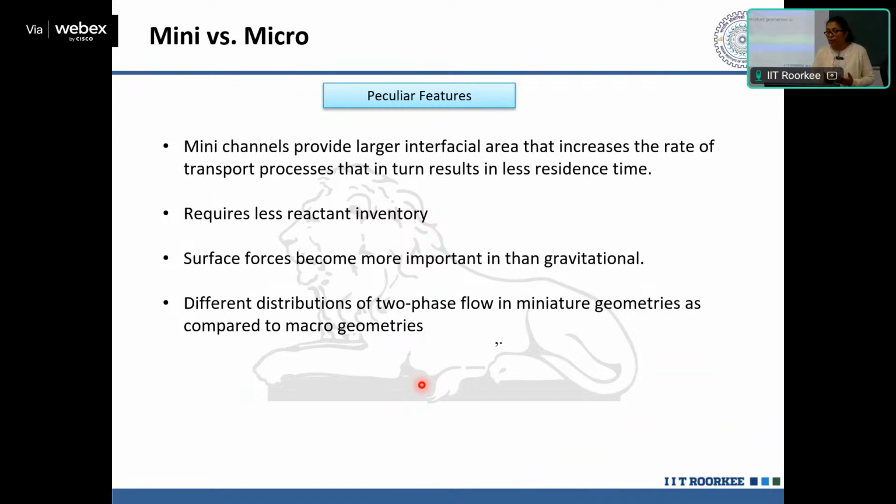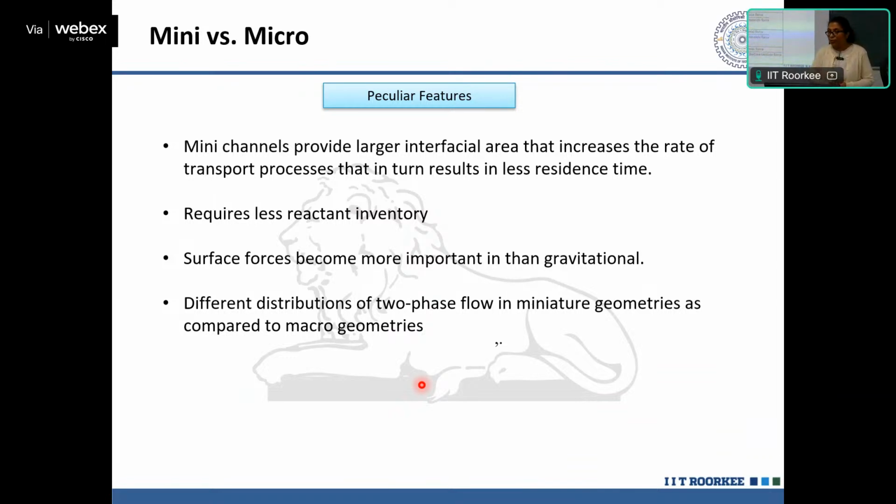Okay, so the question is whether the information that we already have in the literature for gas liquid or liquid liquid distribution, can we apply the same knowledge in the mini, or do we need some additional information? For that, I gathered that Professor Angeli already showed these non-dimensional numbers to you in the last class yesterday.